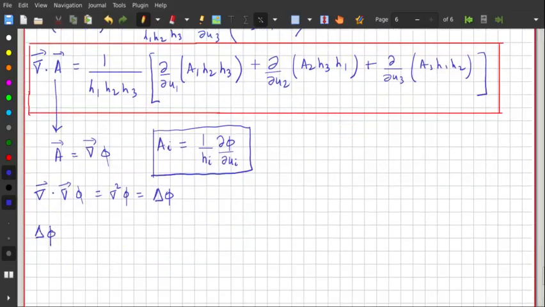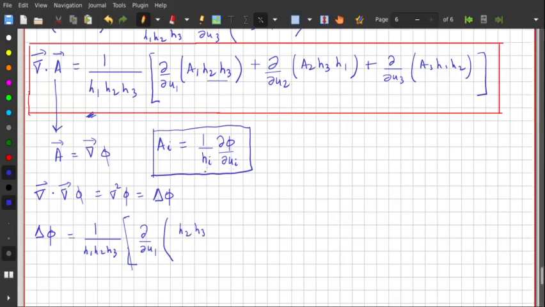So the general expression for the Laplacian of a scalar field is given by 1 over h1 h2 h3. It naturally follows from the expression which we had. This becomes partial with respect to u1, and instead of A1 we will have 1 over h1 partial phi partial u1. So we will have h2 h3, and then one h1 from here, and then partial phi partial u1.